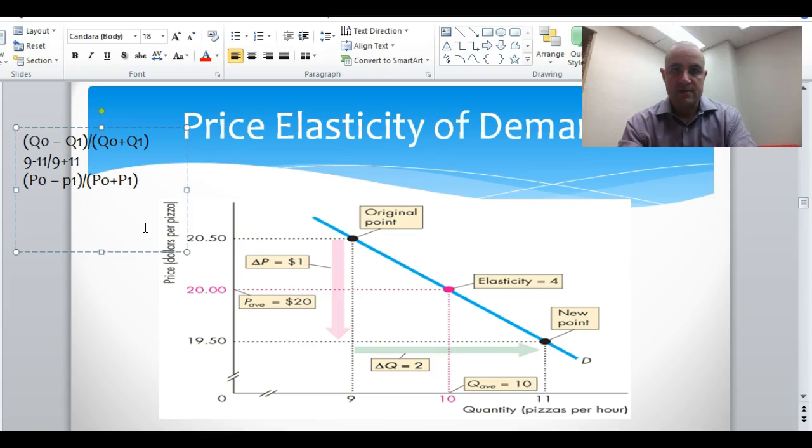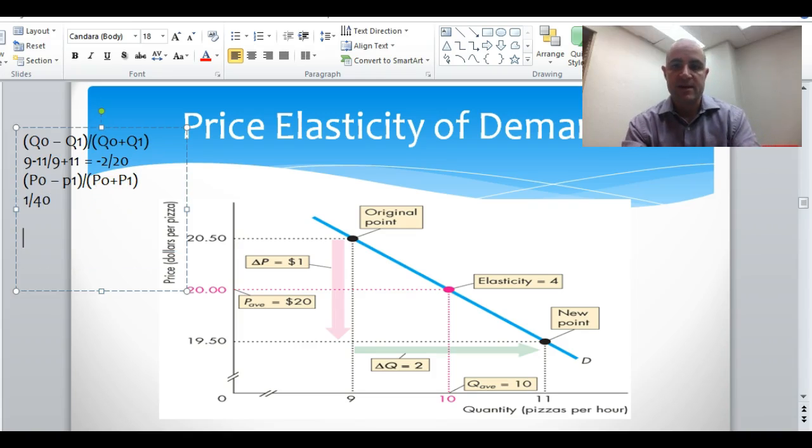And so P0 minus P1 is just going to be 1, divided by 2050 plus 1950, so it's going to be divided by 40. I forgot to up here. And so this is going to be minus 2 divided by 20 over 1 divided by 40.